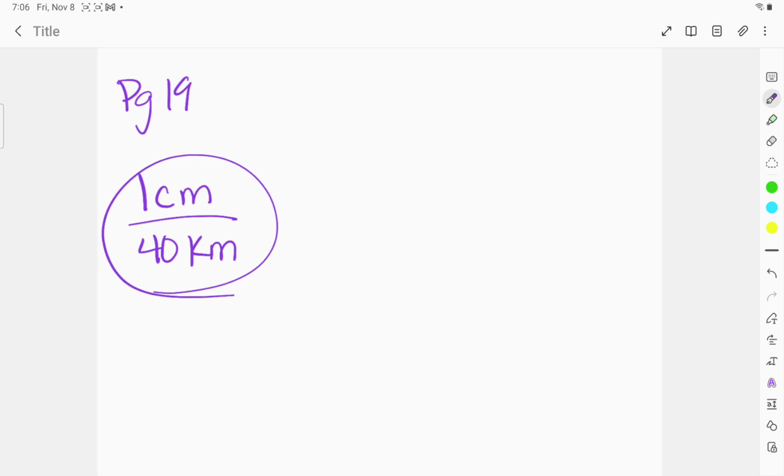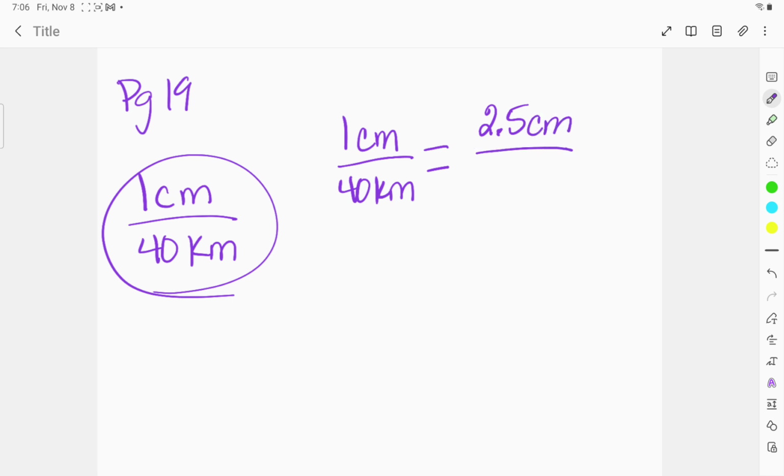So we're going to take this scale that we were given, 1 centimeter over 40 kilometers, and we're going to set it equal to, we know that our map is in centimeters, so centimeters goes on top, on the left side, and then how many kilometers.